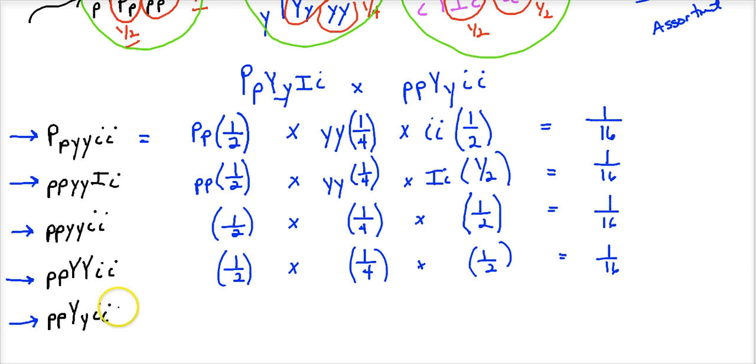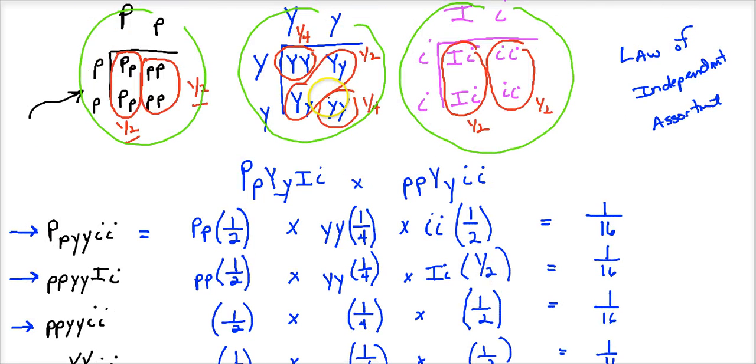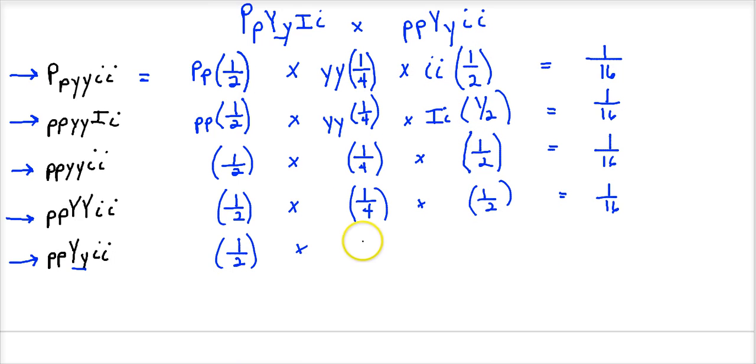And then we're going to do little p, 1/2. And then we're going to do big Y, little y. Oh, heterozygous here. Make sure we look. Heterozygous is 1/2. All right, 1/2 the possibility. So that would go 1/2 here.